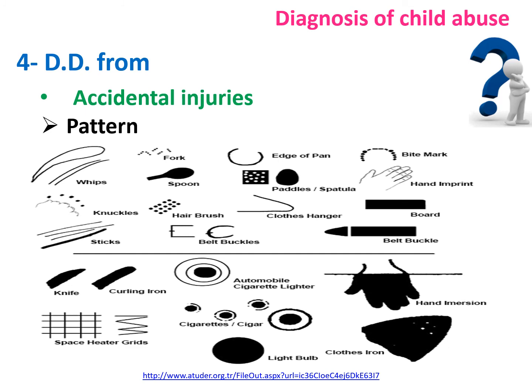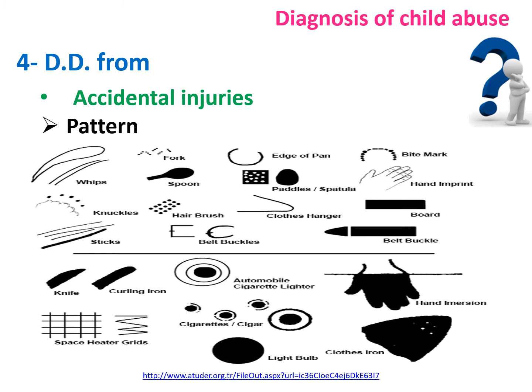Sometimes it is caused by dipping the hands or feet or the legs or buttocks inside scalding liquid, and also sometimes by cigarettes, which leave a characteristic pattern reproducing the shape of the cigarette, or raise a suspicion that this burn is caused by cigarettes. So these are the patterns in case of child abuse.